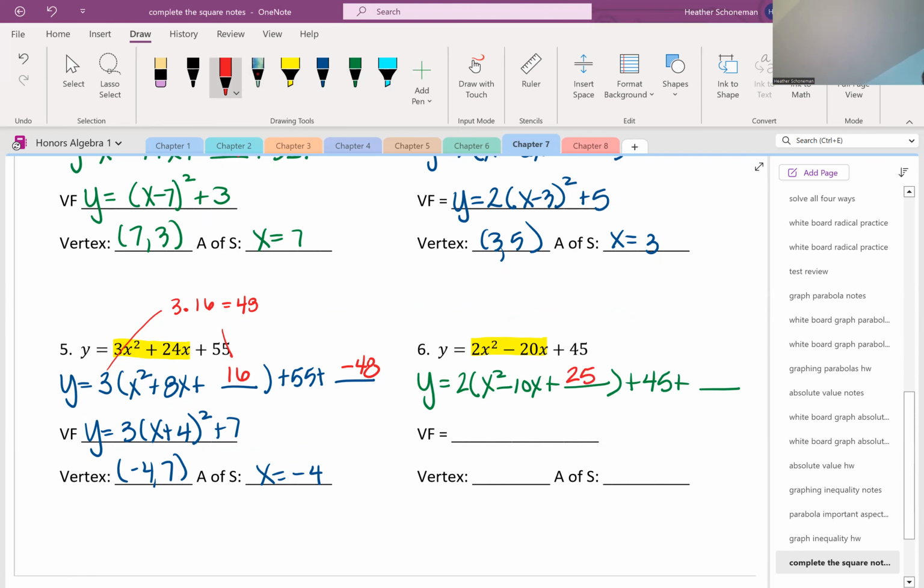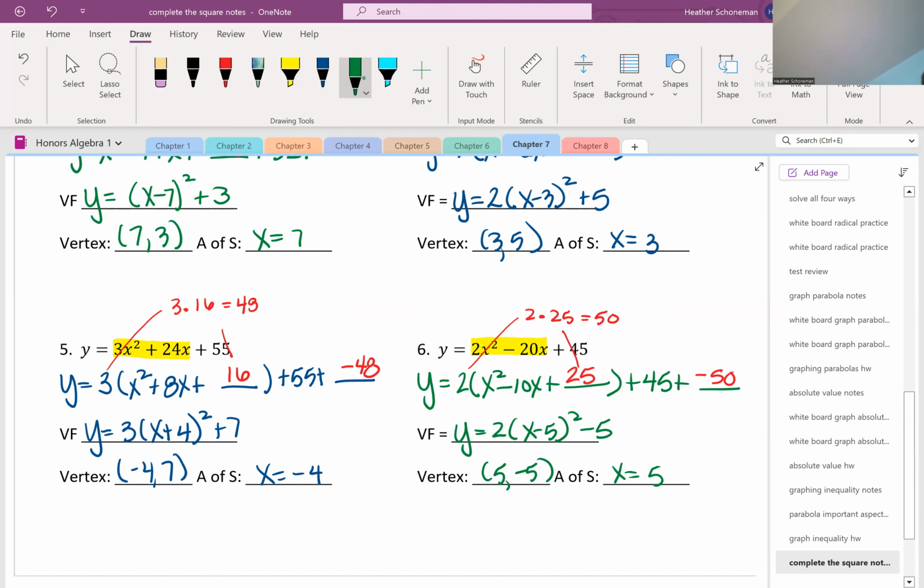It looked like I added a 25, but I didn't. I added 2 times 25, which is 50. And so on the left side, I add 50. So on the right side, I'm going to add negative 50. So I'm going to get y equals 2 times x minus 5 squared minus 5. So here's my vertex.